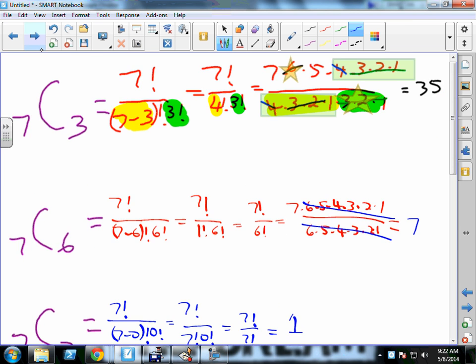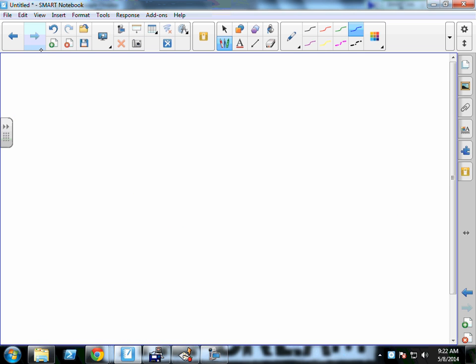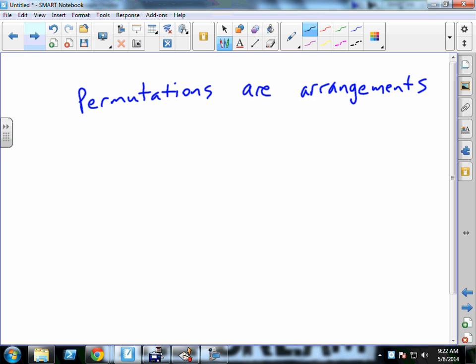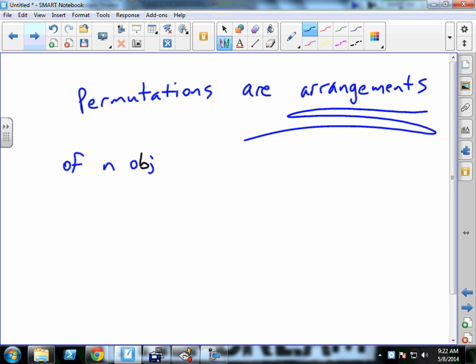Well, we still have several ideas to talk about. The next one is this. Permutations, by definition, are arrangements of n objects picked R at a time.